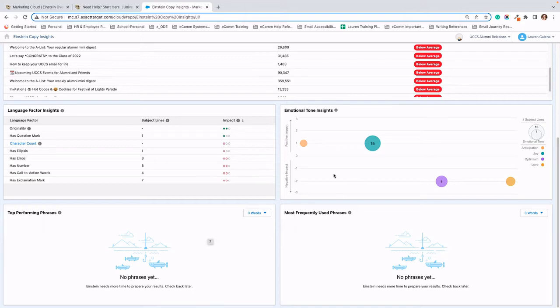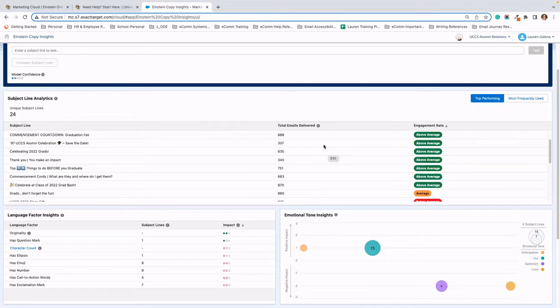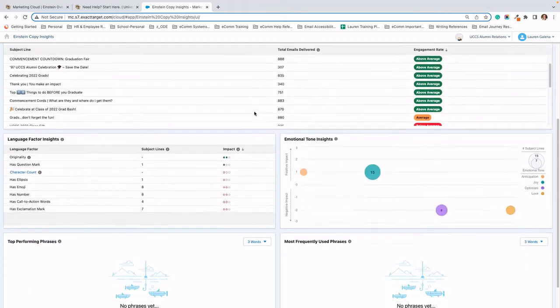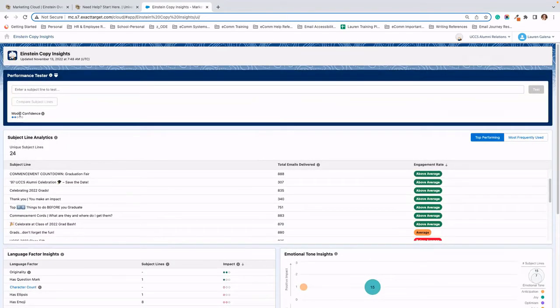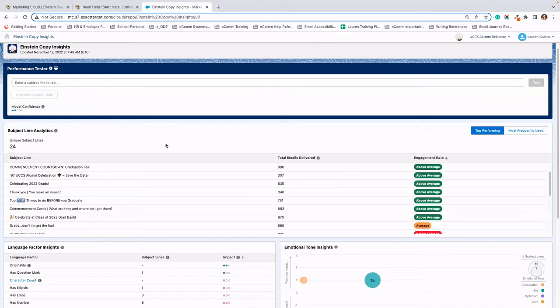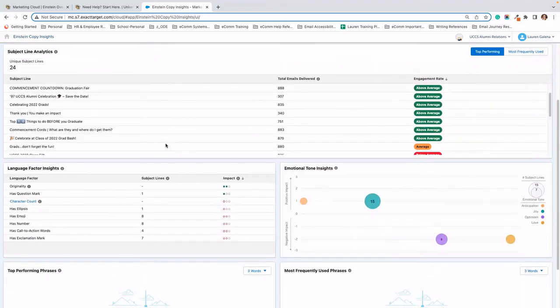So up here, I think, where was it? The model confidence here, there's 2 dots out of 5. And so that just means that the model confidence is lower because it's still working on gathering data. So it could change over time.